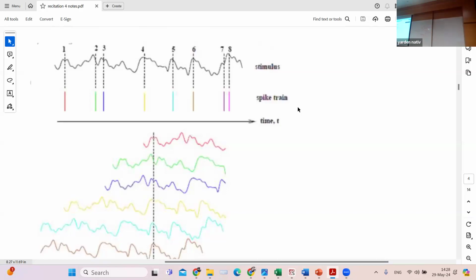Or, as in the previous lesson, someone gave me an example that if you have an auditory stimulus, then this auditory stimulus can just change in time, right? And then you can record the spikes from the auditory cortex or whatsoever.